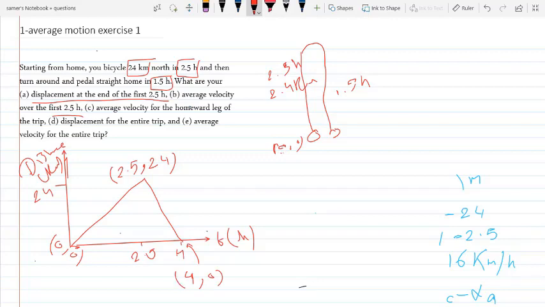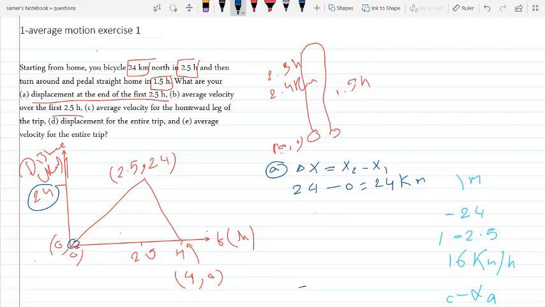In order to find the displacement at the end of the first 2.5 hours, part A, we simply write delta x, because we need the displacement, which is x2 minus x1, and x2, as it is clear here, is 24, and x1 is 0, which is 24 kilometers.